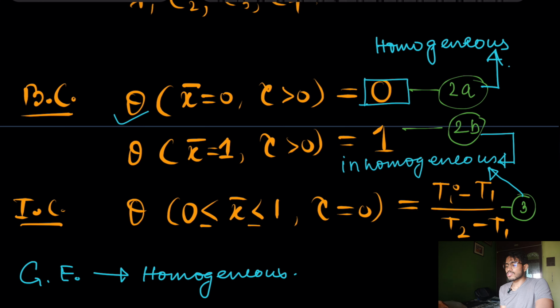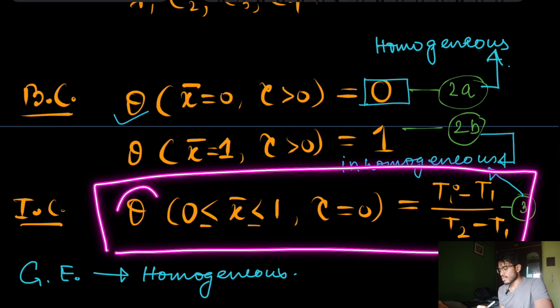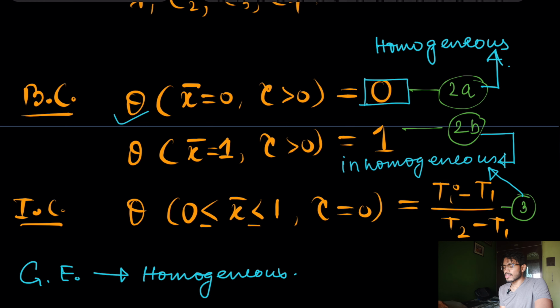I talked about homogeneity and inhomogeneity: other than theta, the only dependent variable, we have another constant here, that is 1. And in this equation also, other than theta, we have another constant, that is Ti minus T1 by T2 minus T1.